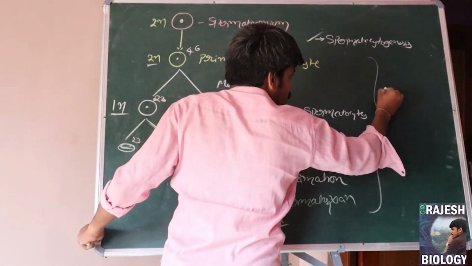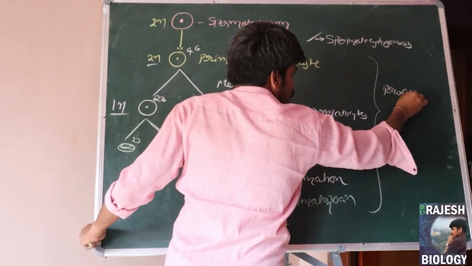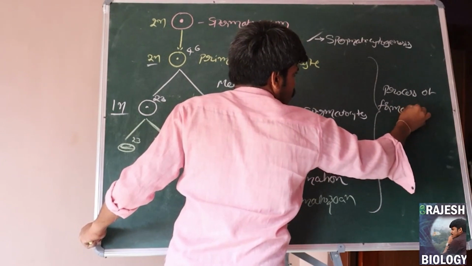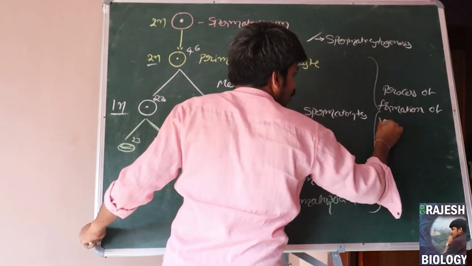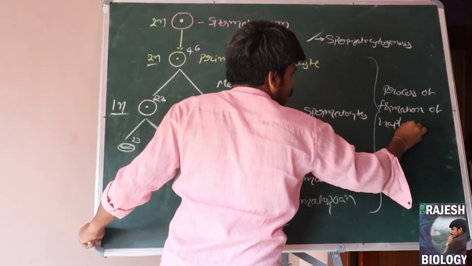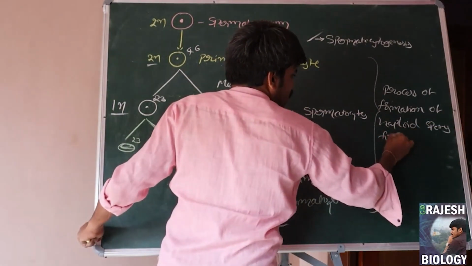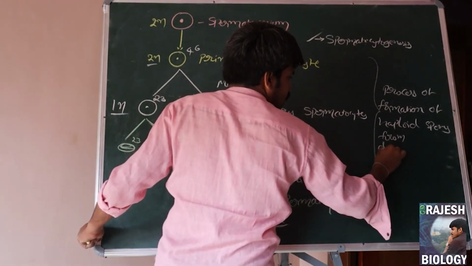Spermatogenesis is the process of formation of haploid sperm cells from diploid spermatogonia.